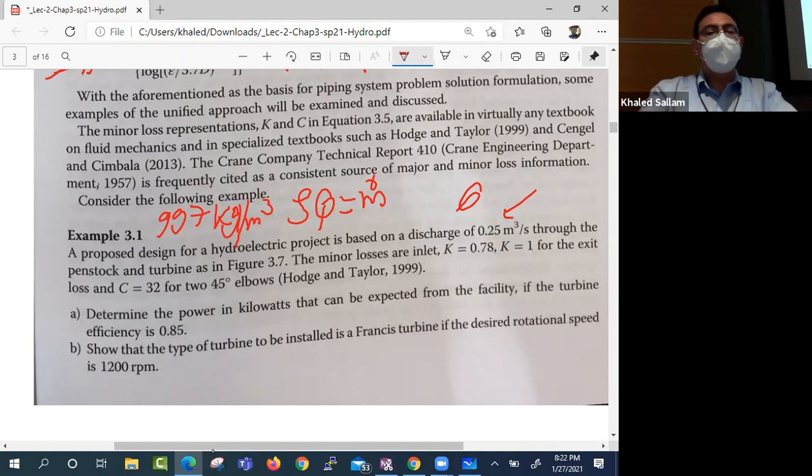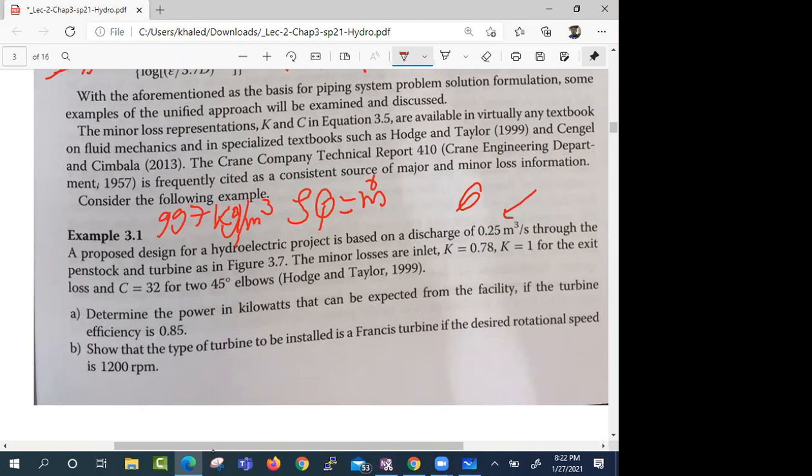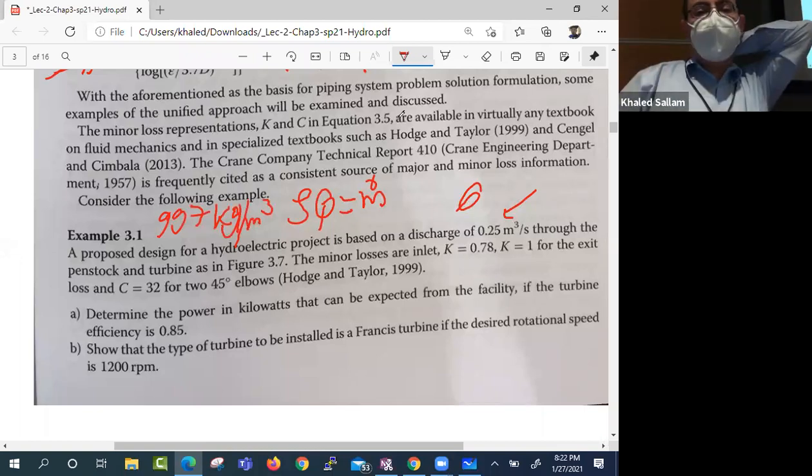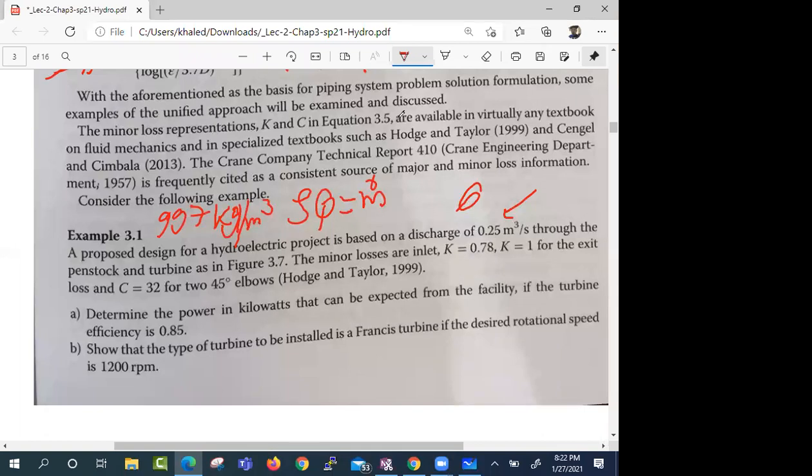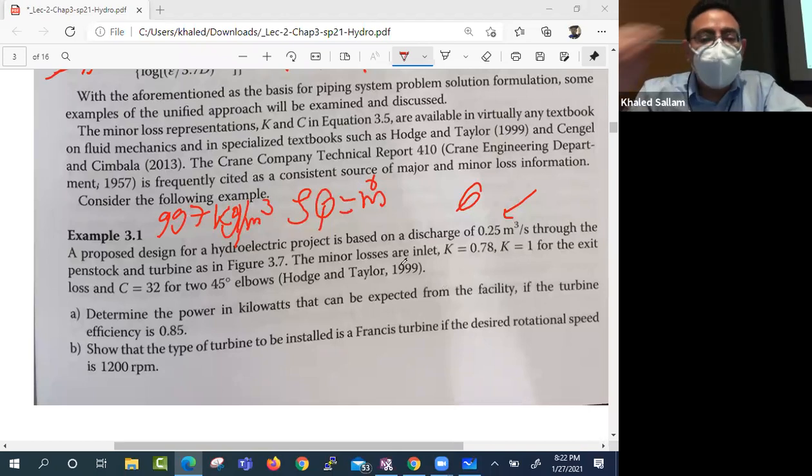When rho water is 1,000. 4 degrees Celsius, excellent. Only at 4 degrees Celsius does it become 1,000.